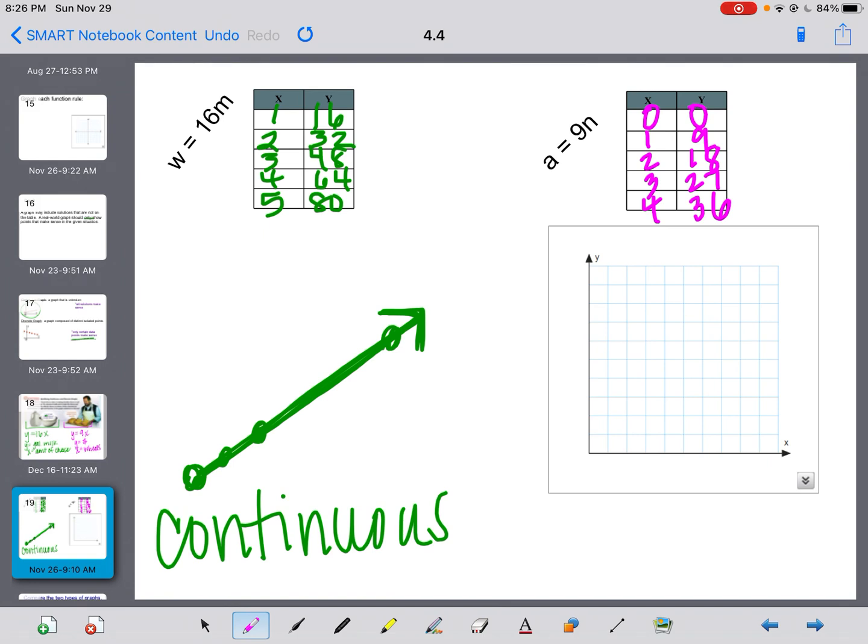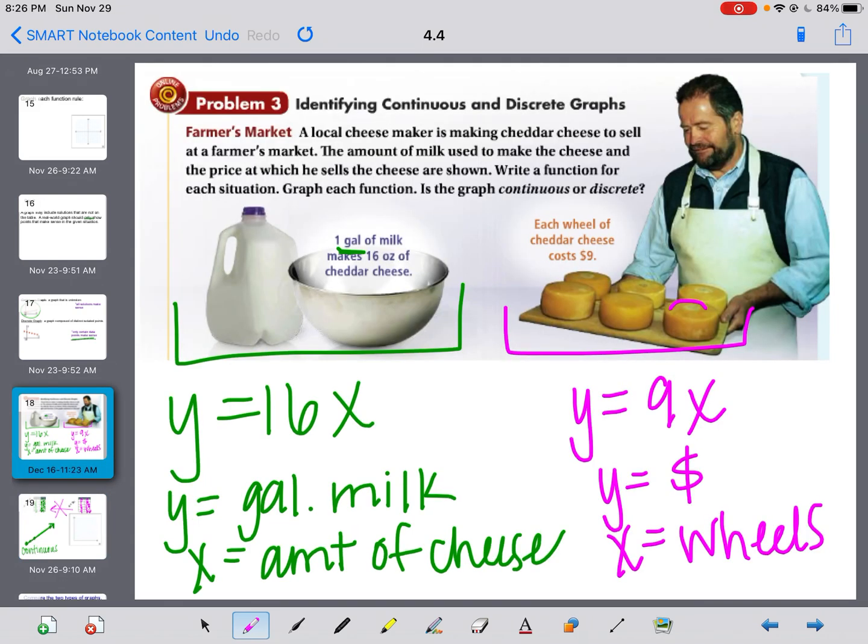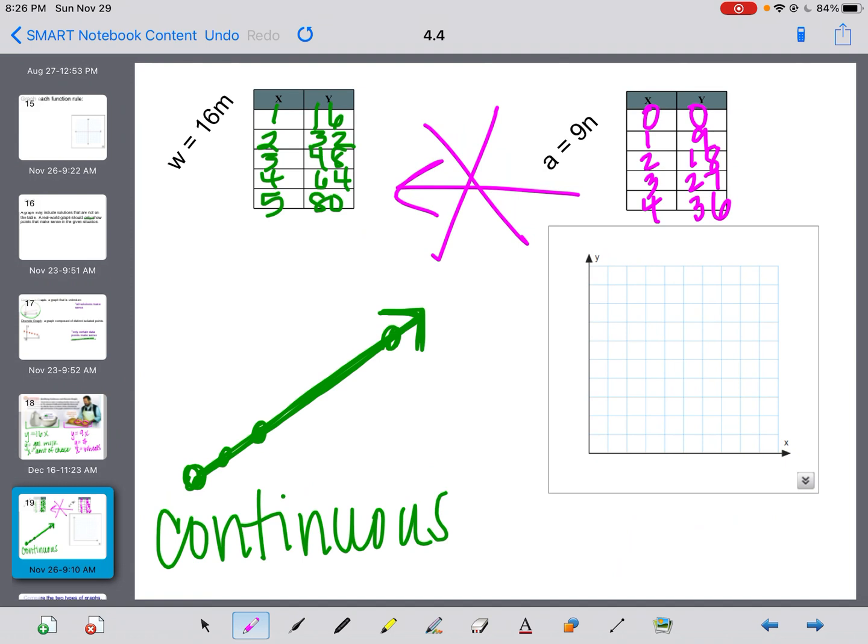Okay, true. It seems like it's going to be kind of the same as this one. But it's not quite, because if you look at his wheels of cheese, he's selling them as whole wheels of cheese. He's not willing to cut these in half and sell them for $4.50, or cut a chunk off and sell them for less. So in this case, this one is discrete. This is one where we would not connect the dots. If he sells 0 wheels of cheese, he gets $0.